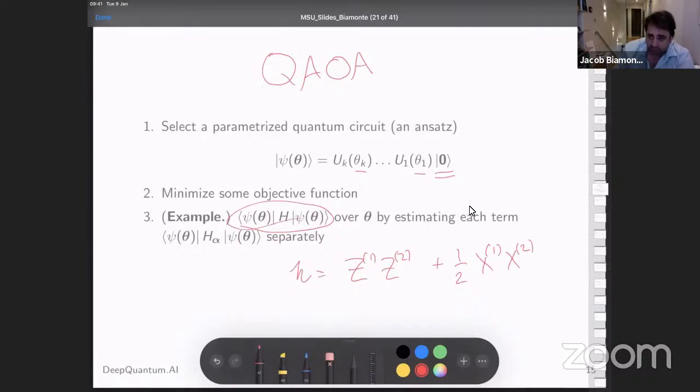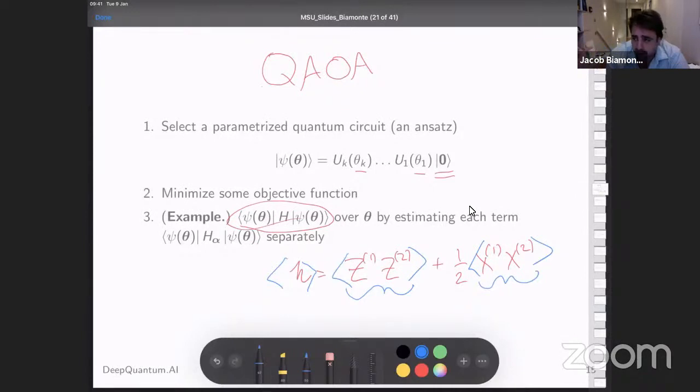So the expected value of this is just a sum of expected values, right? If I take the expected value of this, I end up with these expected values. I can calculate this one, and I can calculate this one by just measuring in the X basis, right? The Born rule. So it's kind of a cute little trick.